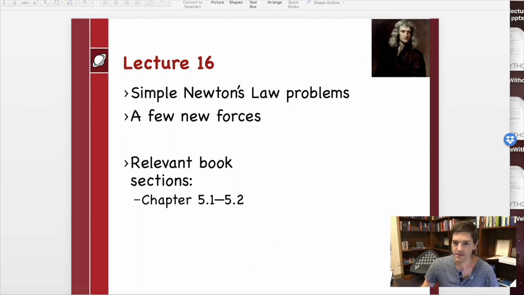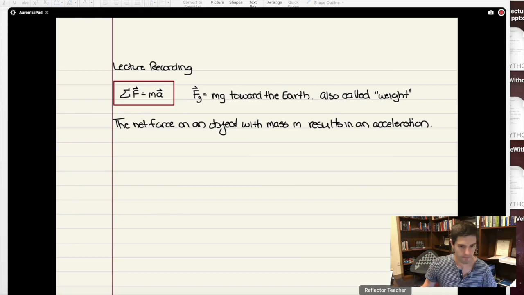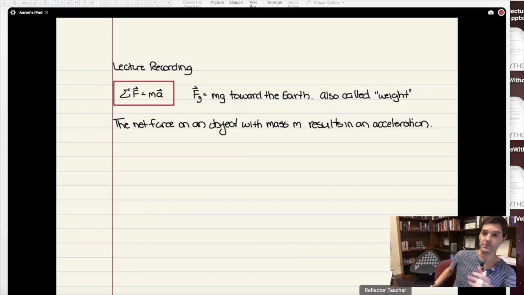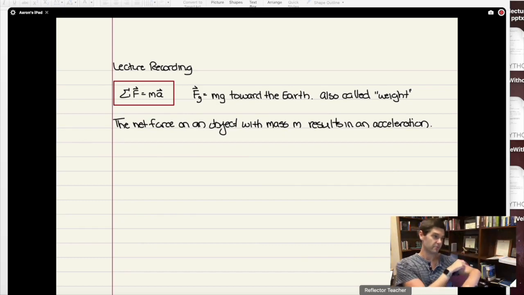So let us continue on thinking about some of these forces and how to solve these sorts of problems. We spent a lot of time in the last lecture figuring out how you can actually calculate which forces are acting on the body. You have a force diagram.